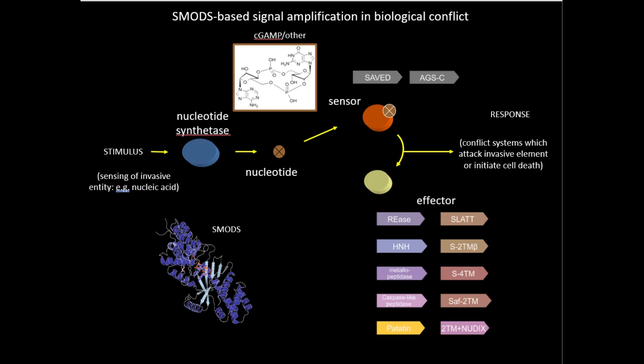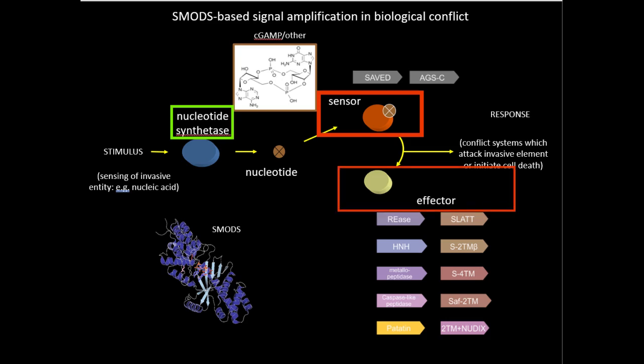So very quickly, to caricature, these had three components: a synthetase, the generating enzyme, which would generate this nucleotide or nucleotide derivative, and then a recognition domain or a sensor domain, which would sense that nucleotide product, and finally the effector domain, which was often catalytic, but in some cases potentially pore forming, as they were membrane proteins, which would then affect a biological conflict action.